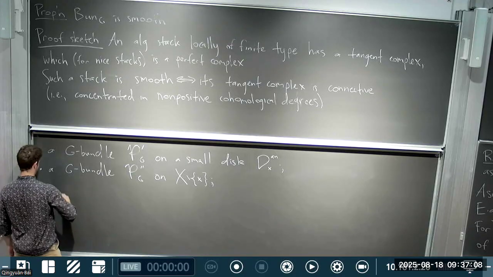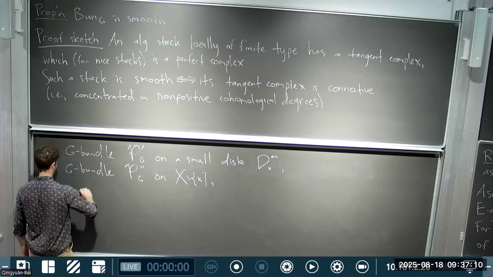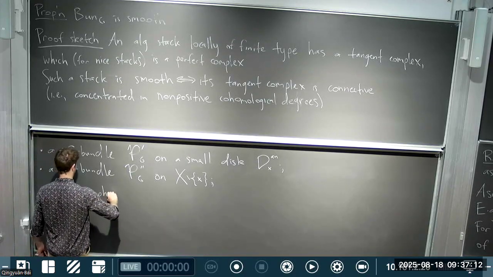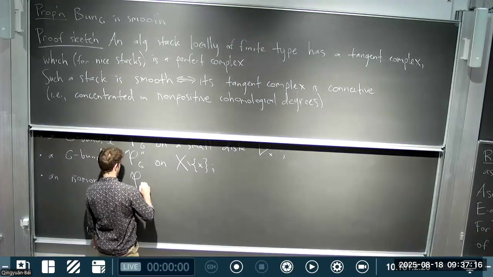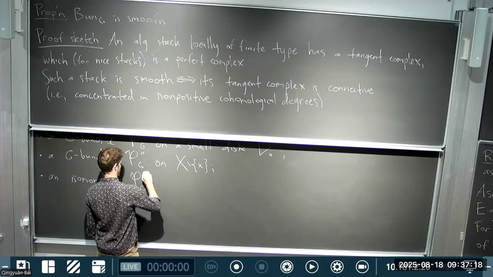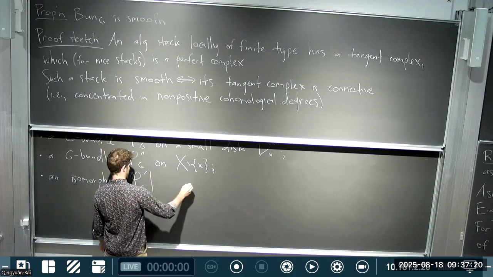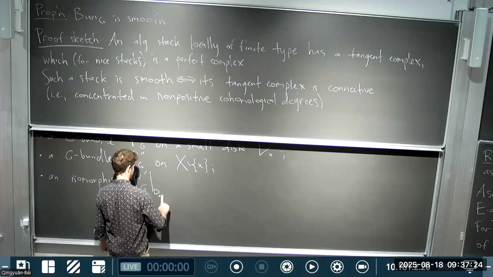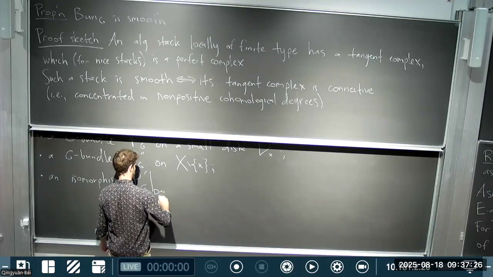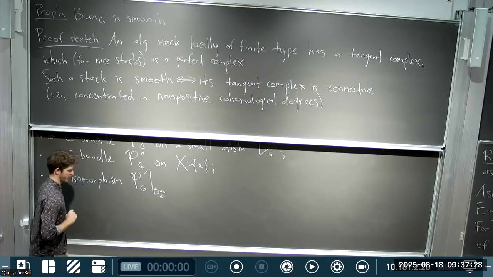So this is going to be a G-equivariant isomorphism between P prime and P double prime, and this is going to take place on the analytic disk which is punctured, with x removed.